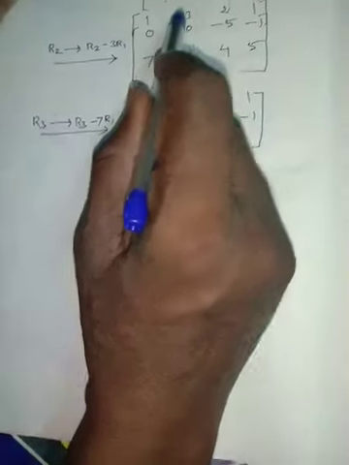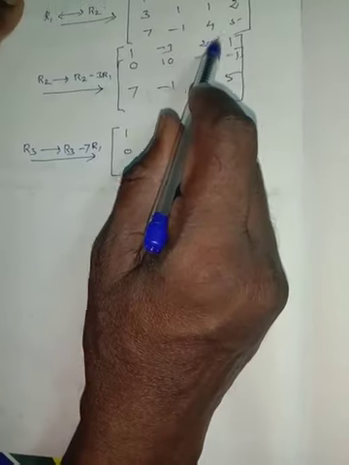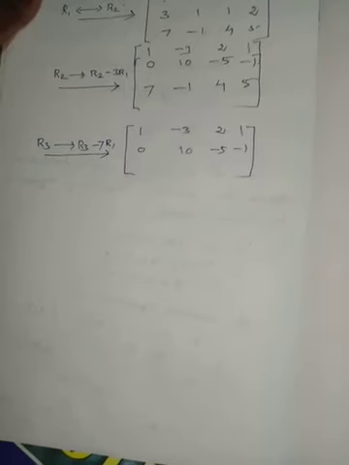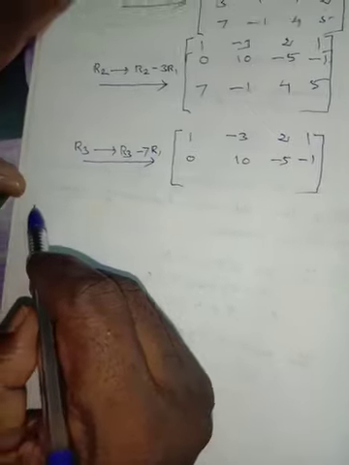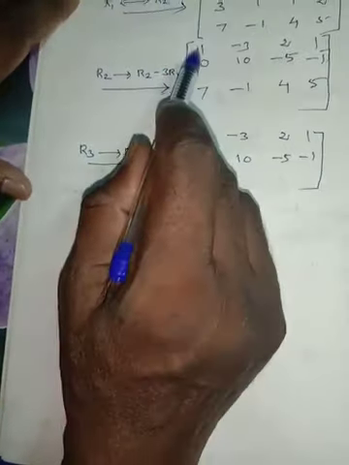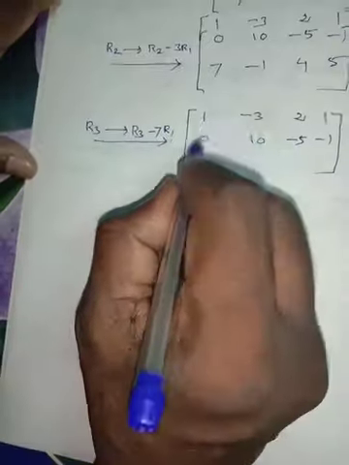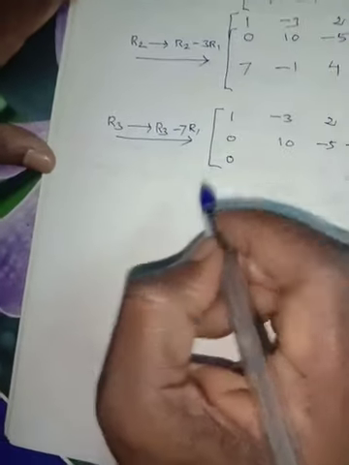Multiply 7 by the first row: 7 minus 21, 14, 7. Subtract the first row from the third row. We get 7 minus 7 is 0.